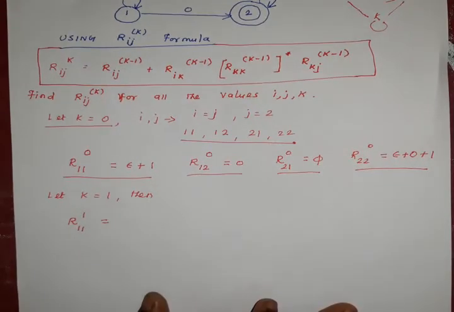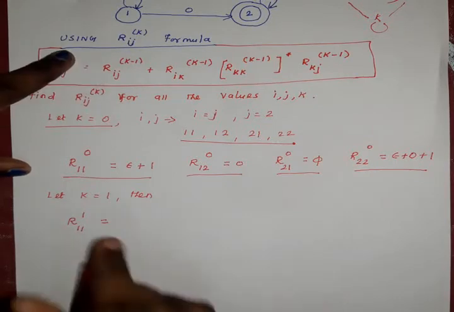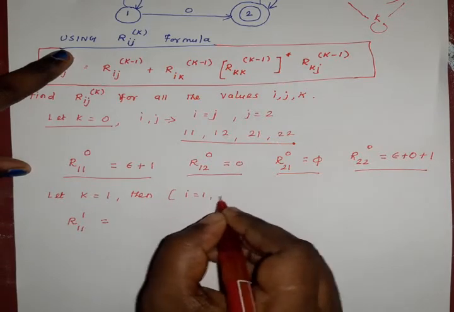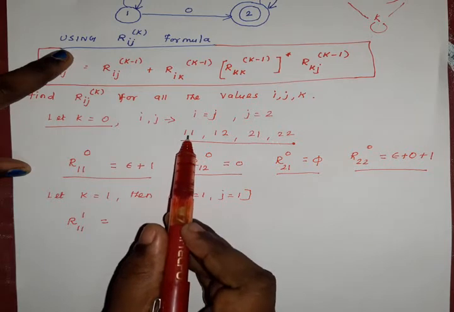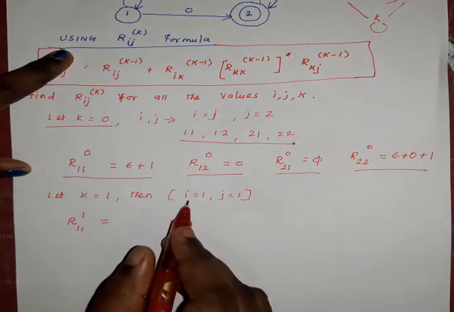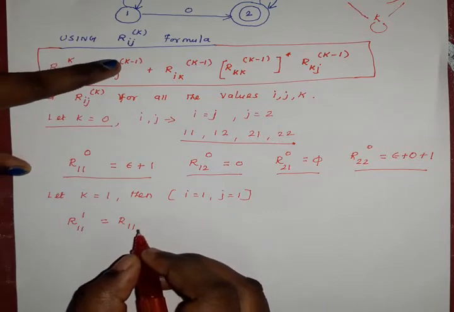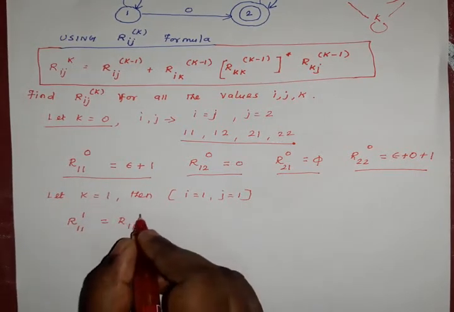Right? So next, see this formula Rij. Here we include i equal to 1 and j equal to 1. I am taking this first combination, right? So i is 1, j is 1. So R11 power k minus 1. Here k value is 1, so 1 minus 1, the value is 0.